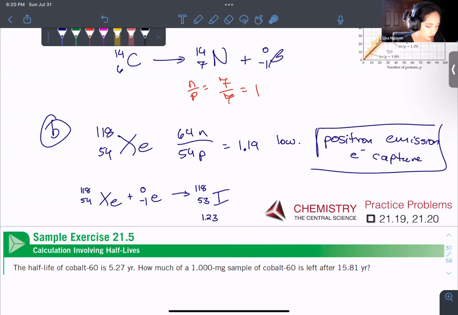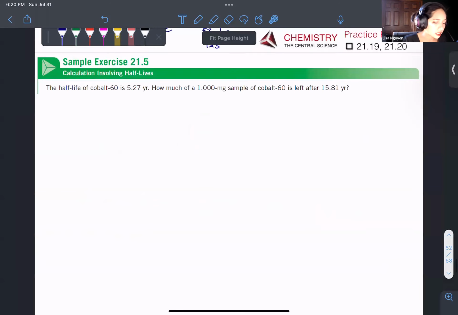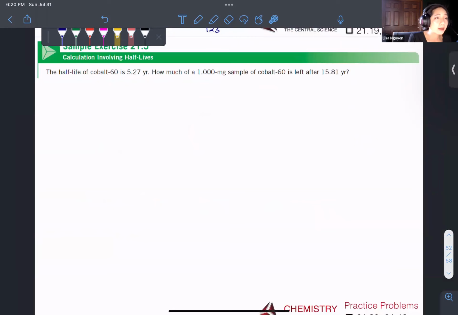So that's balancing equations. What else we talked about in nuclear chemistry was the idea that these decays happen with a certain rate constant, and all radioactive decay kinetics are first order reactions. So this is kind of a little bit of a review of chapter 14.